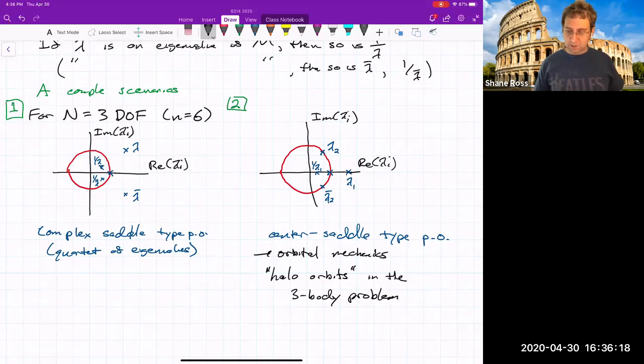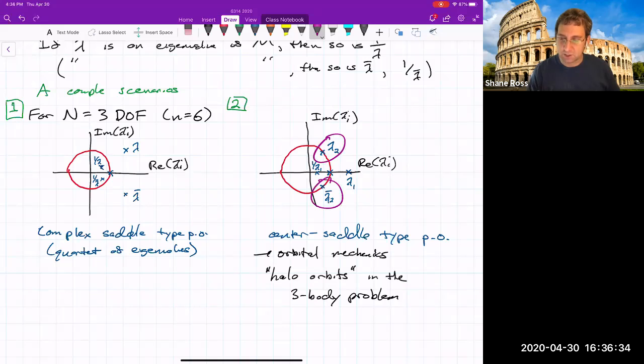Halo orbits have been used for missions. They're these 3D orbits that look like the edge of a potato chip, and they have a stable direction, an unstable direction, and then they have these 2 center directions.